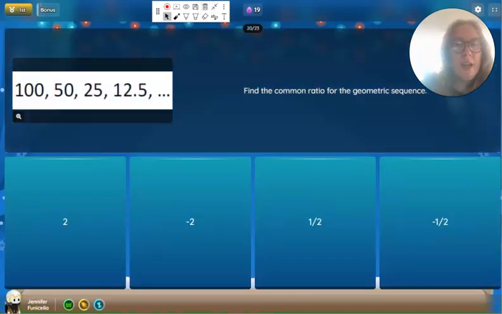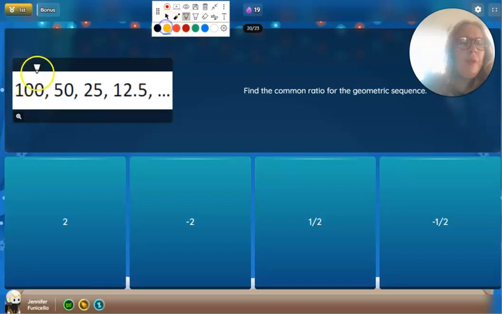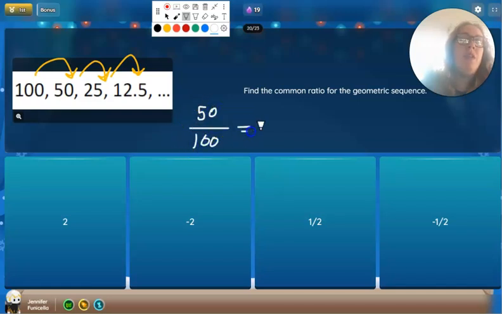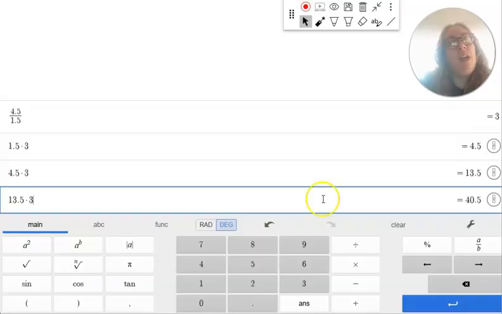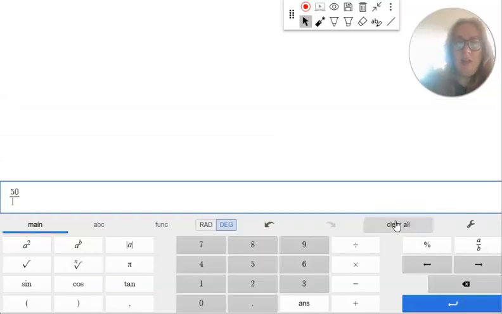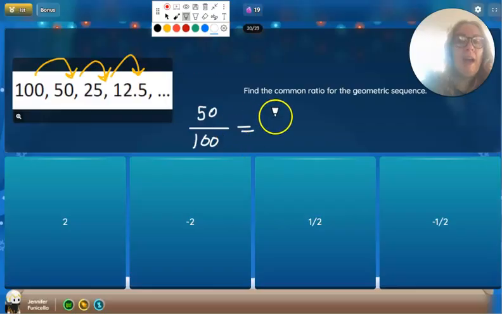4 more questions here. Find this common ratio. So we're going from 100 to 50, 50 to 25, 25 to 12.5. So to figure that out, we can do 50 divided by 100. In our calculator, this gets us 0.5, which is the same as 1/2.